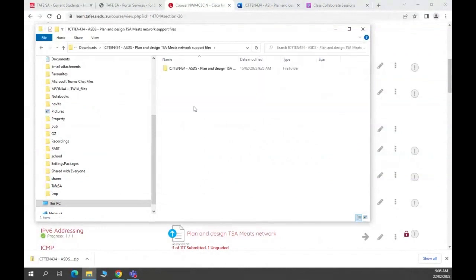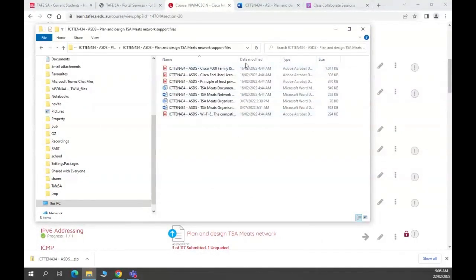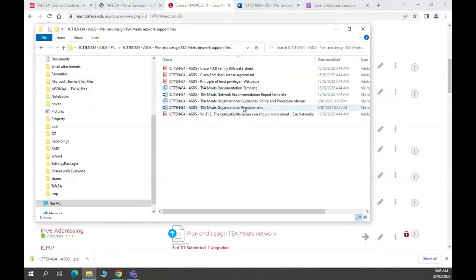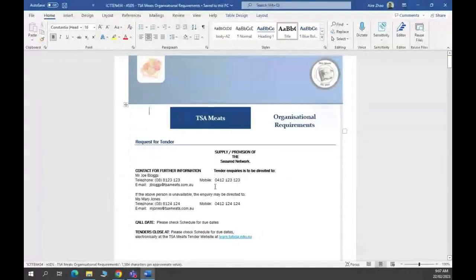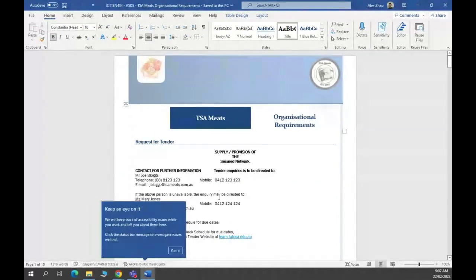and then it gets extracted. So the first thing I want to talk about is the organizational requirements. You can see there's a whole heap of information, and it'll be used as we go along in the project. But this organizational requirements document is effectively a project tender.